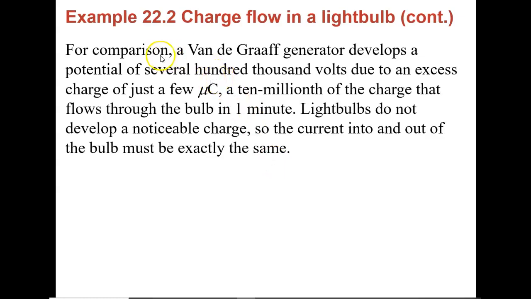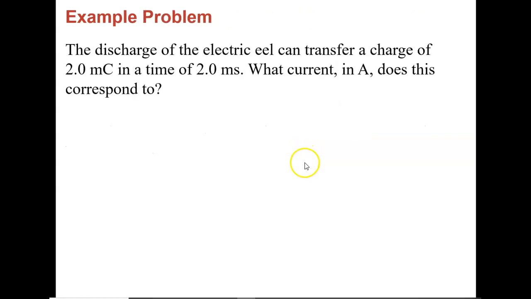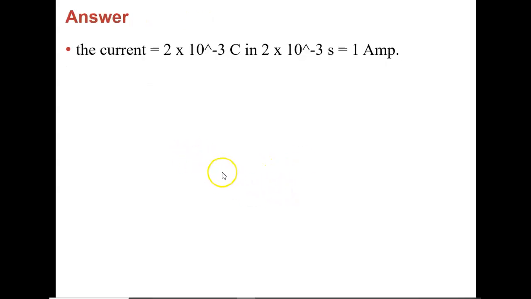So the Van de Graaff generator, several thousand volts, as you saw in class. The discharge of an electric eel can transfer a charge of 2 millicoulombs in a time of 2 milliseconds. What current in amps does this correspond to? So we have 2 thousandth of a coulomb in 2 thousandth of a second.